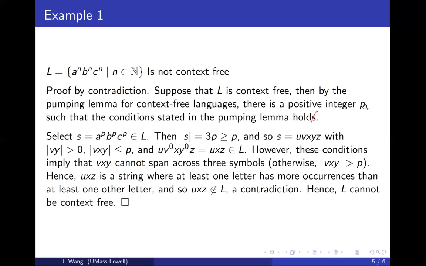So we can just pick A to the P followed by B to the P followed by C to the P. It is in L, and its length is 3 times P, which is strictly greater than P. And so we can write s into the following 5 segments, u, v, x, y, z, with vy not empty, the length of vxy less than or equal to P, and you can pump v and y down, so uxz is also in L. Up to this part, it is just from the pumping lemma.